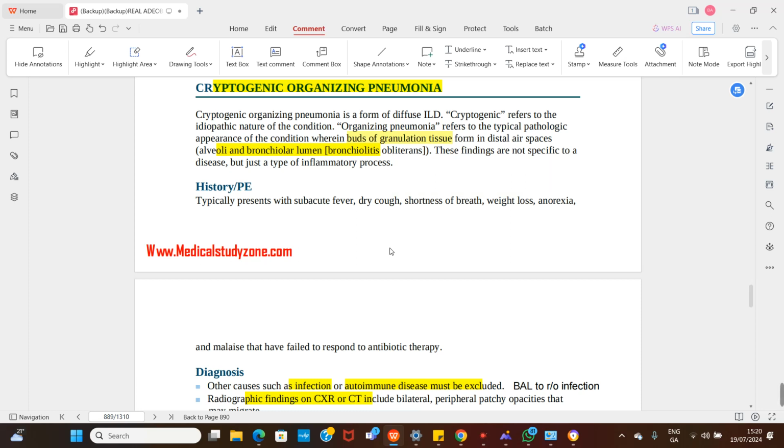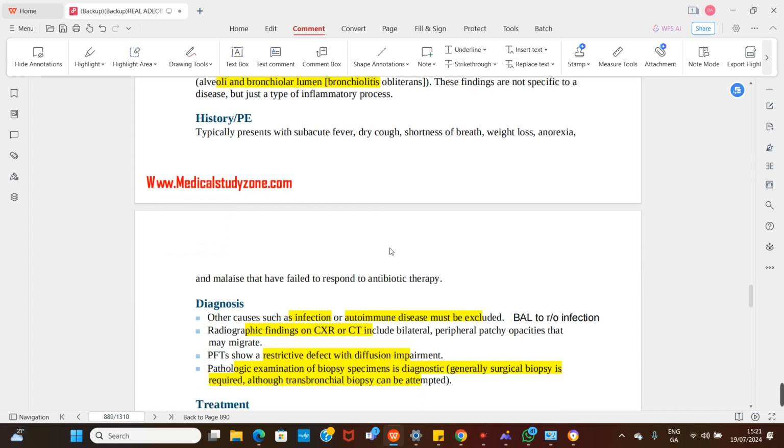What features of pneumonia do you know? Cough, fever, shortness of breath, malaise. But if you give them antibiotics for the pneumonia, it will not respond because this is not an infectious pneumonia. That's in keeping with COP.